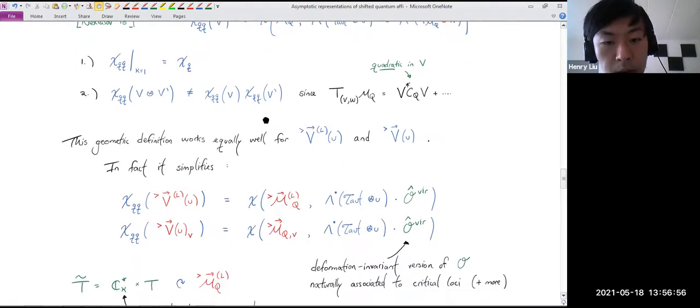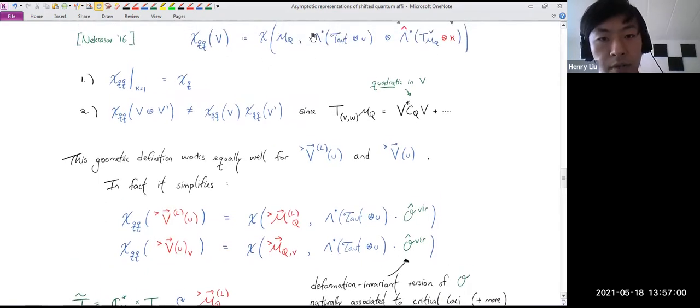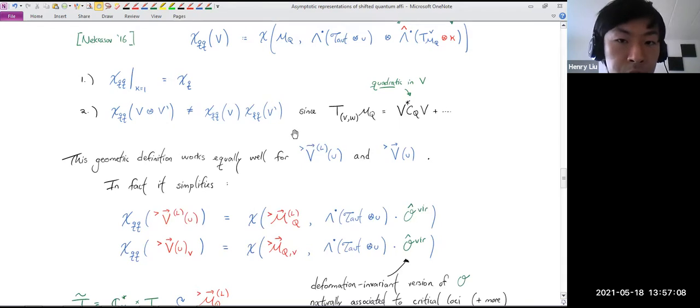So you can plug into this original definition our smaller moduli of flags, and all you have to do is replace the original Nakajima quiver variety with our new moduli of flags, length L descending flags.